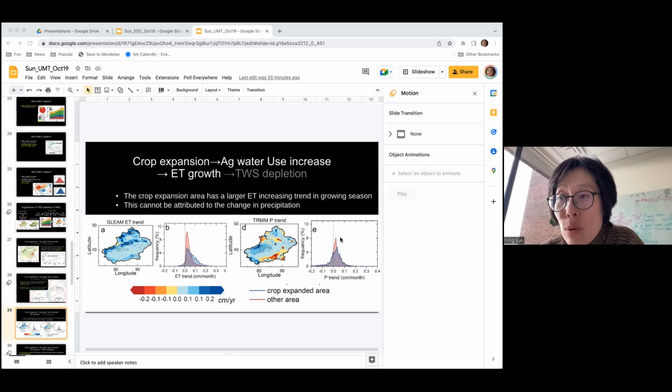The issue is that we don't know the truth of ET. It's exactly the same problem as GPP. We don't know the true ET at the regional scale. So that's why we are trying to look at different satellite products and see to what degree we can have consistency across different products.